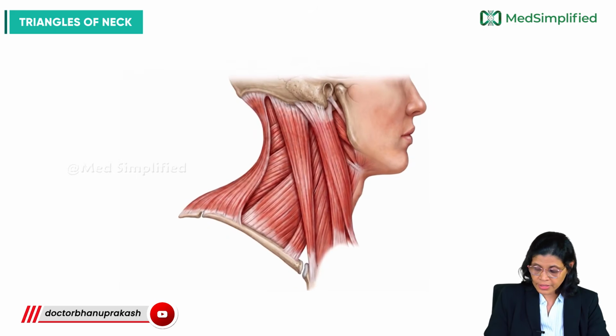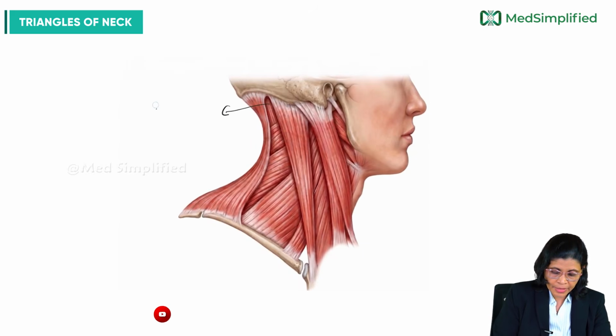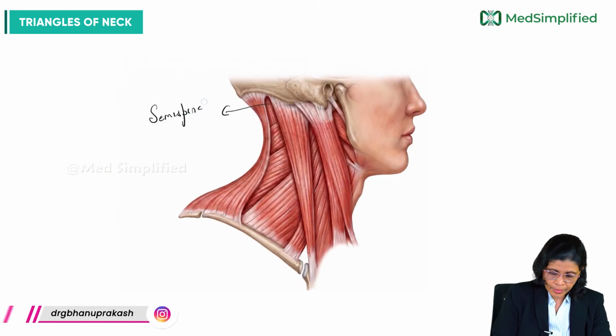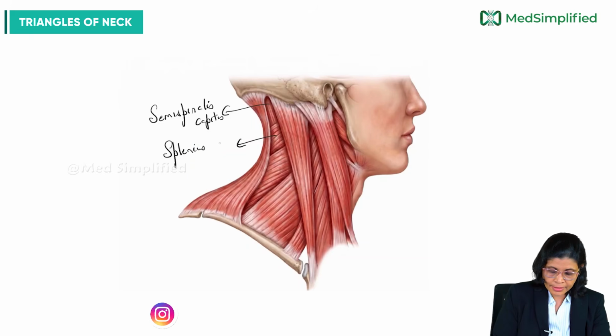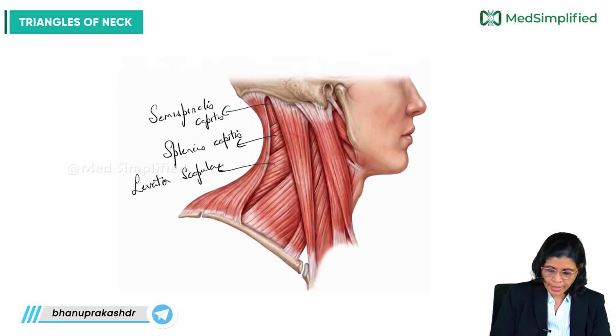The floor of the posterior triangle, from above downwards, is formed by the semispinalis capitis muscle, then splenius capitis, levator scapulae, and the scalenus medius.